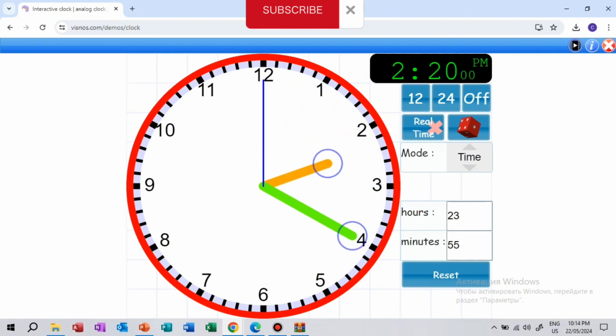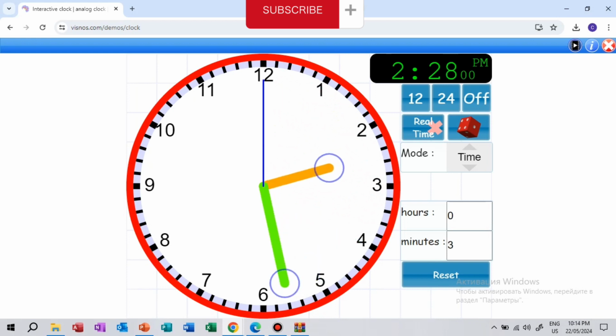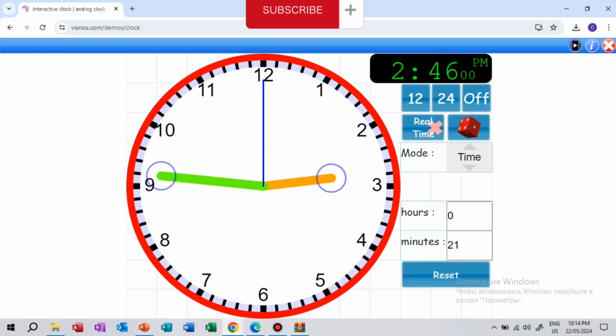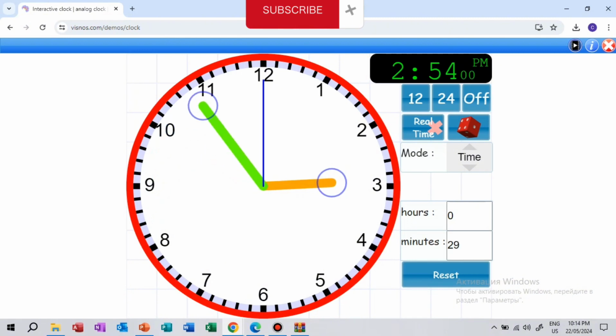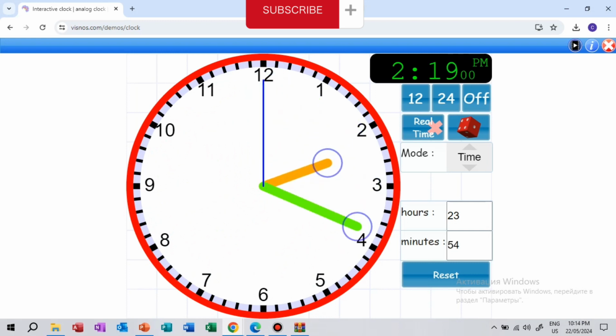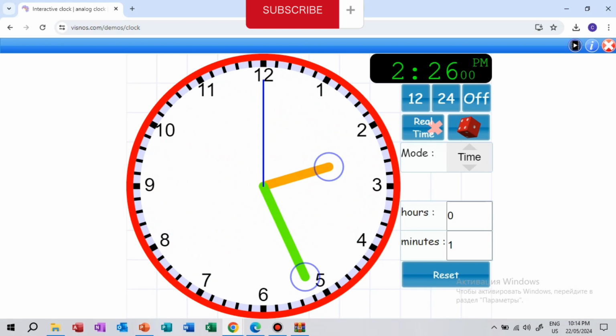Let's just keep going a little further. Now, look at the orange one. Look at the short one. Where is it moving towards? It's moving towards the 3, right? So it went from 2 p.m. Look where it's moving. It keeps going and going and going.